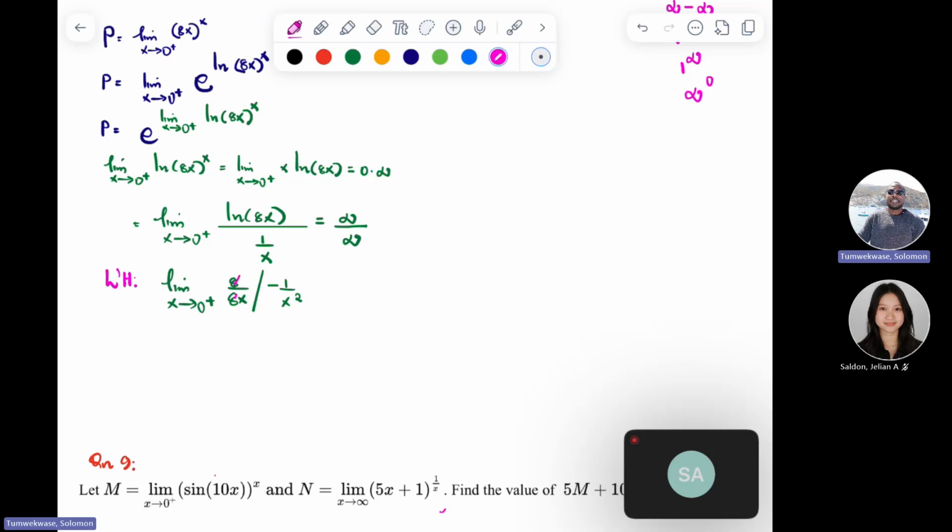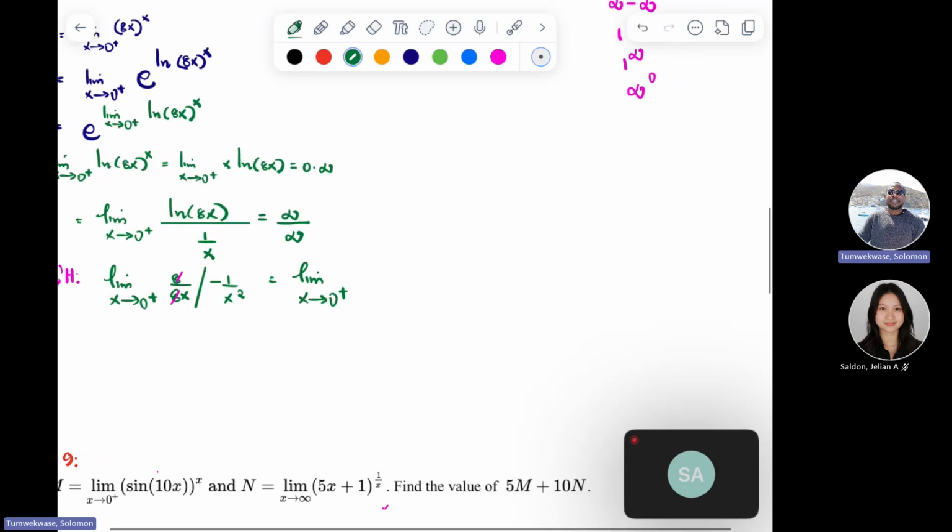So this 8 is going to cancel, and if I rewrite this, I'll have limit as x approaches 0 from the right of 1 over x times the reciprocal, which is just negative x squared over 1. I hope that is fine.